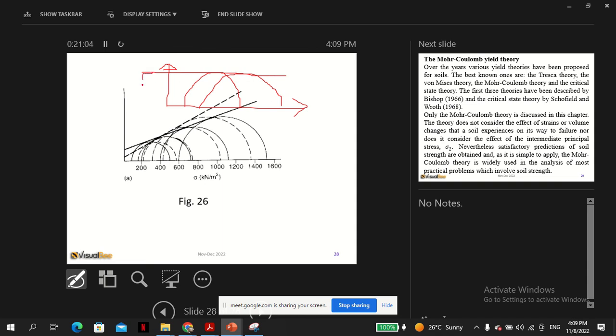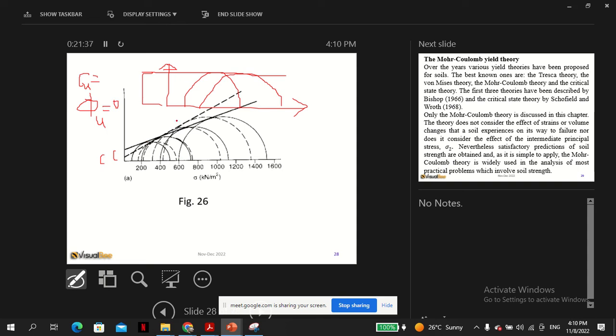Under this condition, you can only have what you call Cu. This is called Cu, the undrained shear strength, quite different from this condition where there is a C here. So this is a Cu soil. Here we assume that phi is 0, and this is usually done for saturated clay.